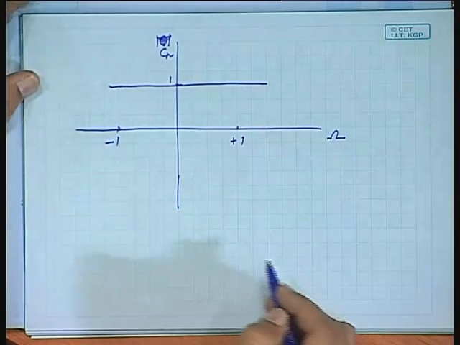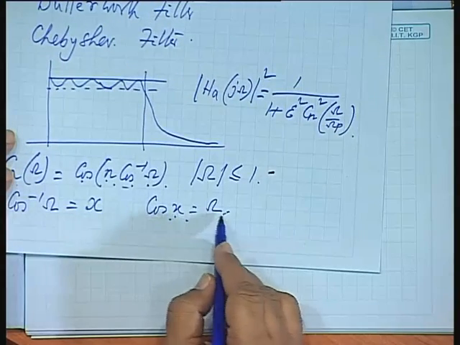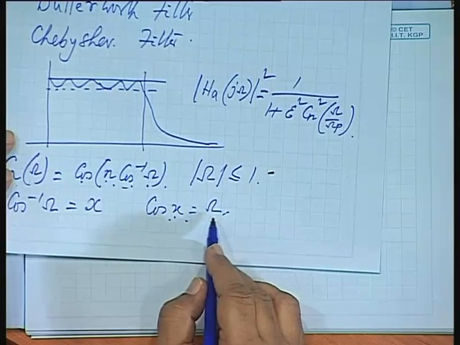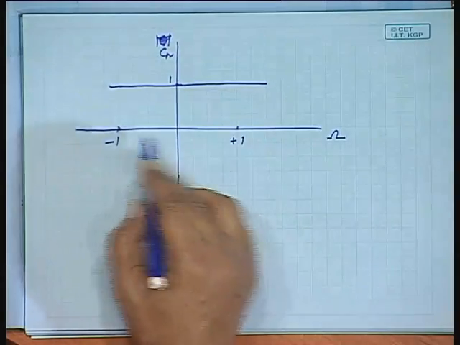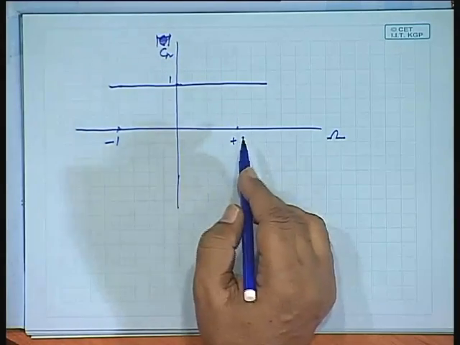We are considering up to plus 1 and minus 1, because cos x can be at the most plus 1, at the least minus 1, since the limit of omega is plus minus 1. So, we will study the behavior of this function in this range for the time being.